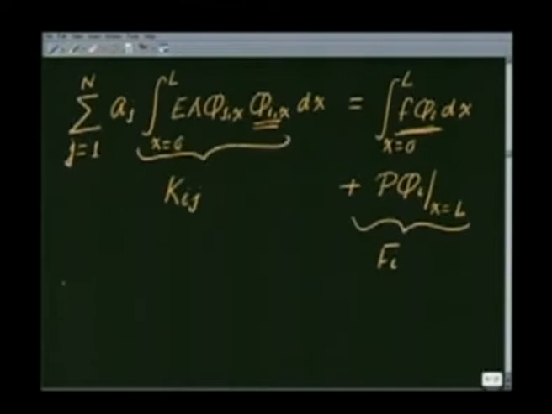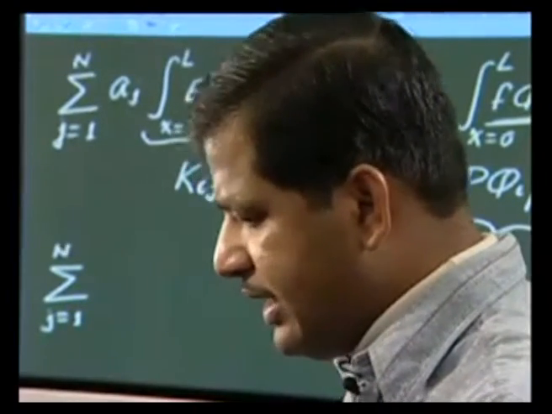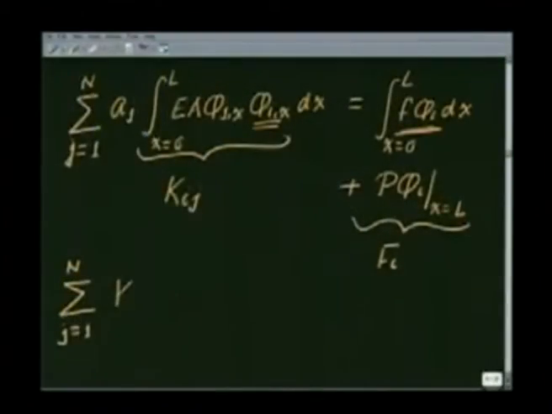So what we'll get as the equation is sigma j equal to 1 to n kij aj is equal to fi.